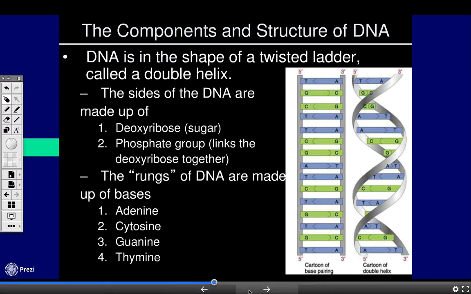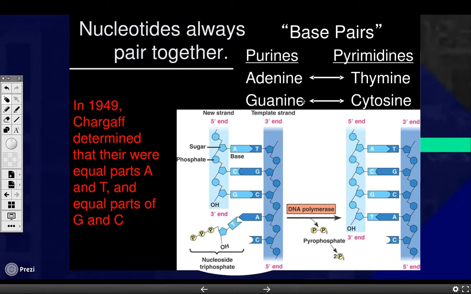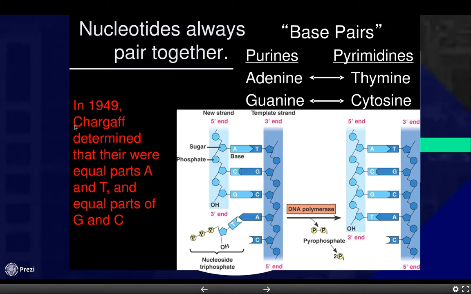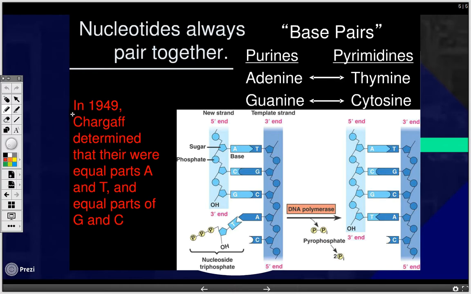As we're looking at these bases, there is a rule that we like to follow. This rule is named after this person right here. It is called Chargaff's rule.